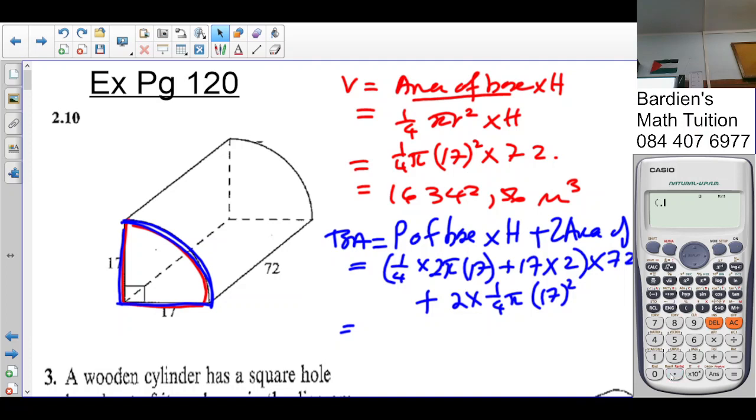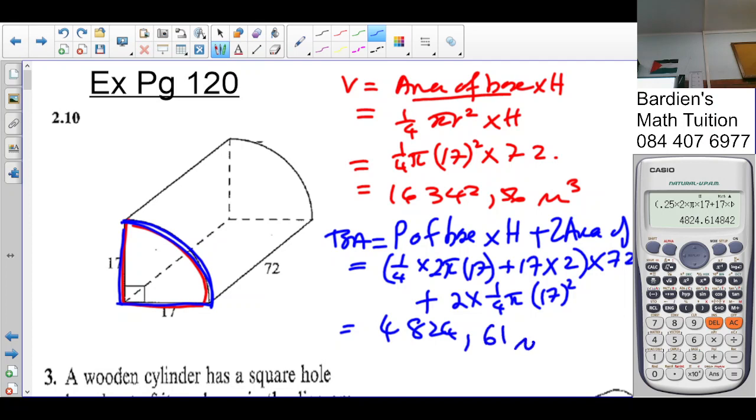So open brackets, a quarter times 2 times pi times 17, plus 17 times 2, times 72, plus 2 times a quarter times pi times 17 squared, is 4,824.61 units squared.